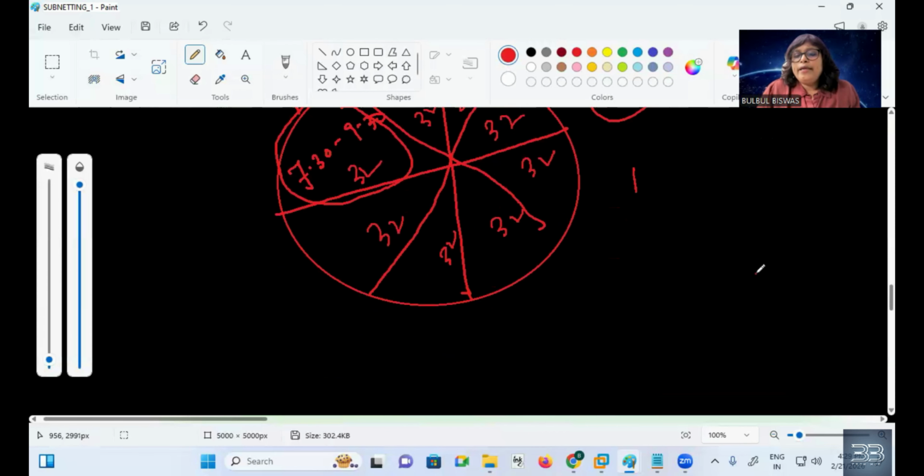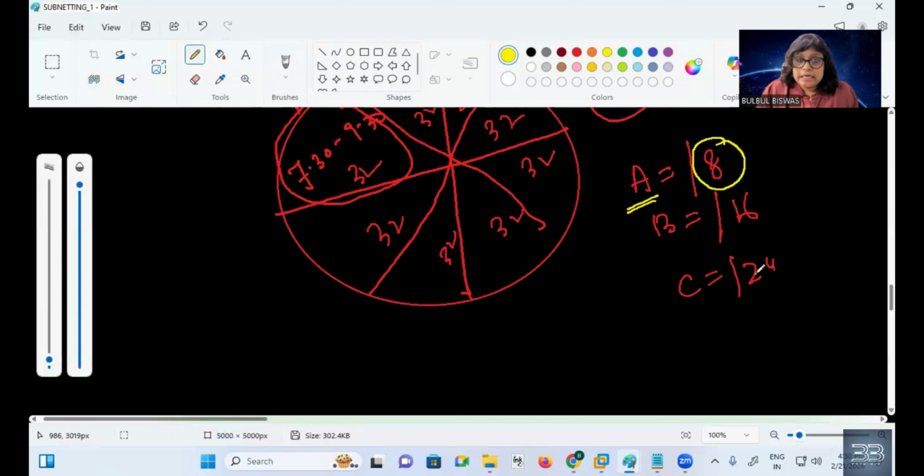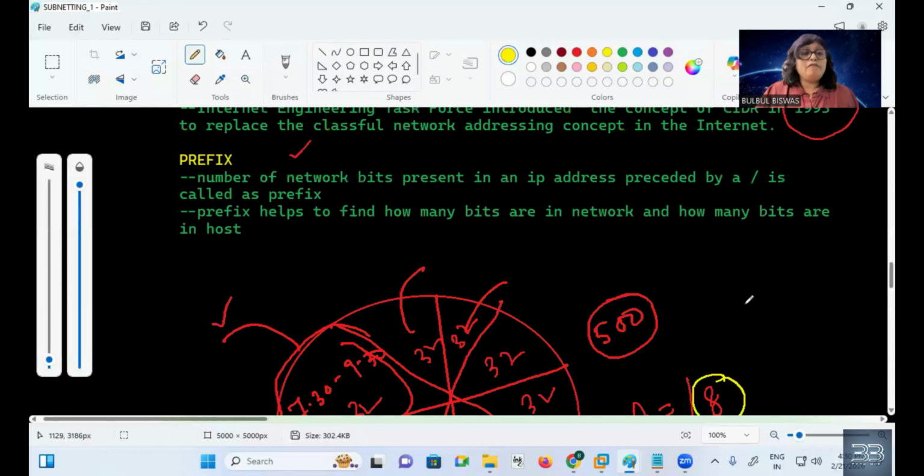I think you know we can write class A as /8, class B as /16, class C as /24. What is this indicating? 8 is the number of network bits present in class A, 16 means the number of network bits present in class B, and 24 means the number of network bits present in class C. So this value is called the prefix.